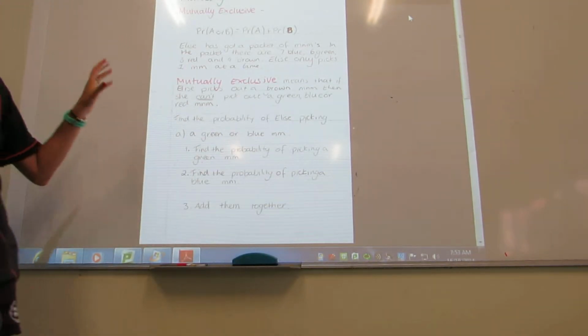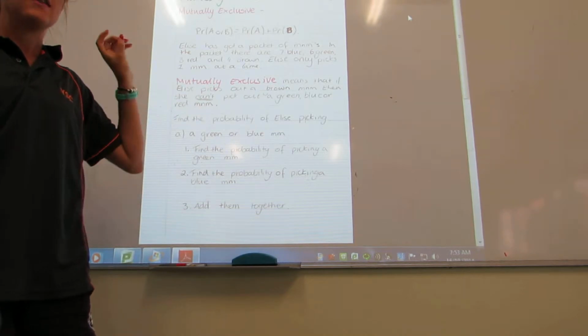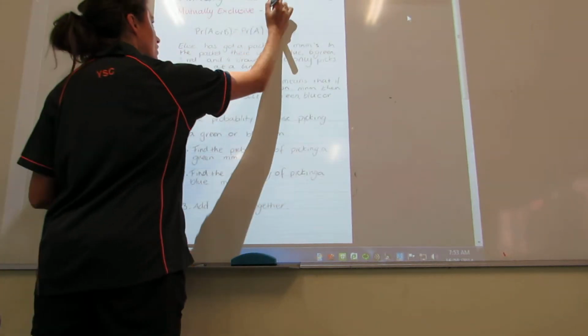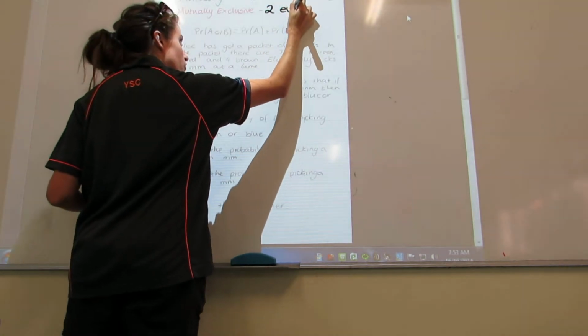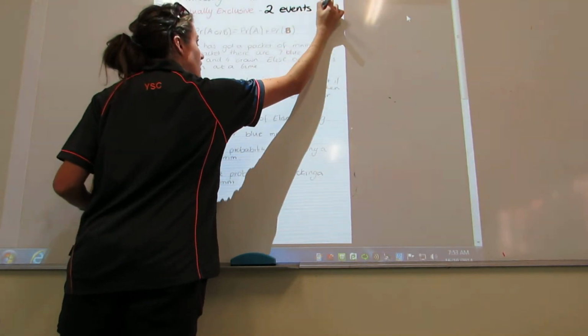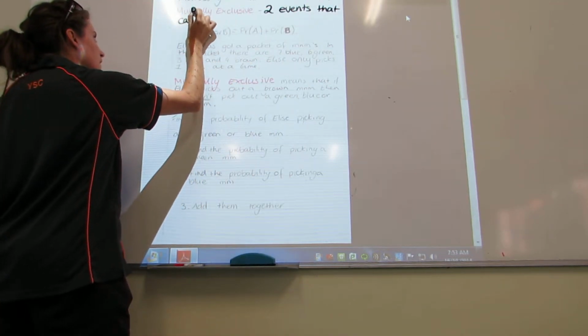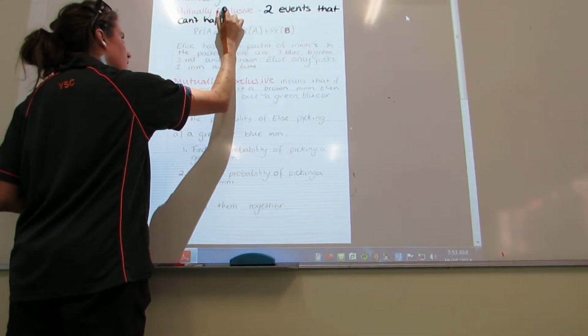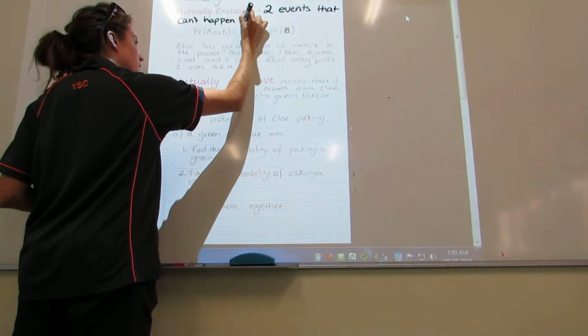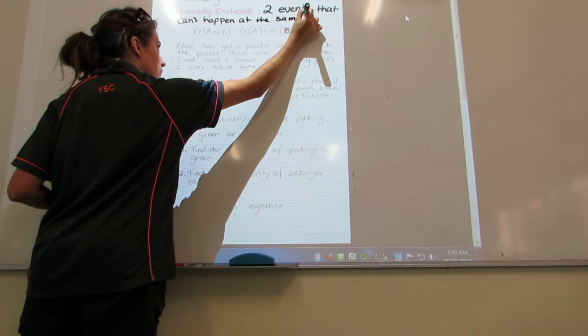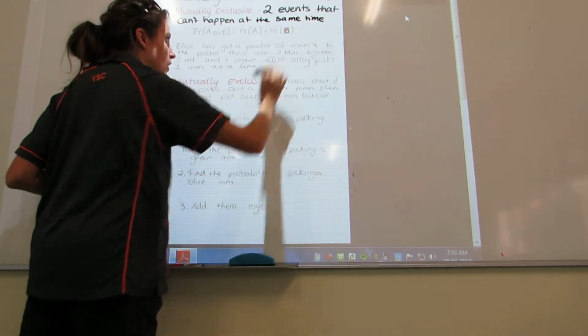Okay, so mutually exclusive: two events or things that can't happen at the same time.